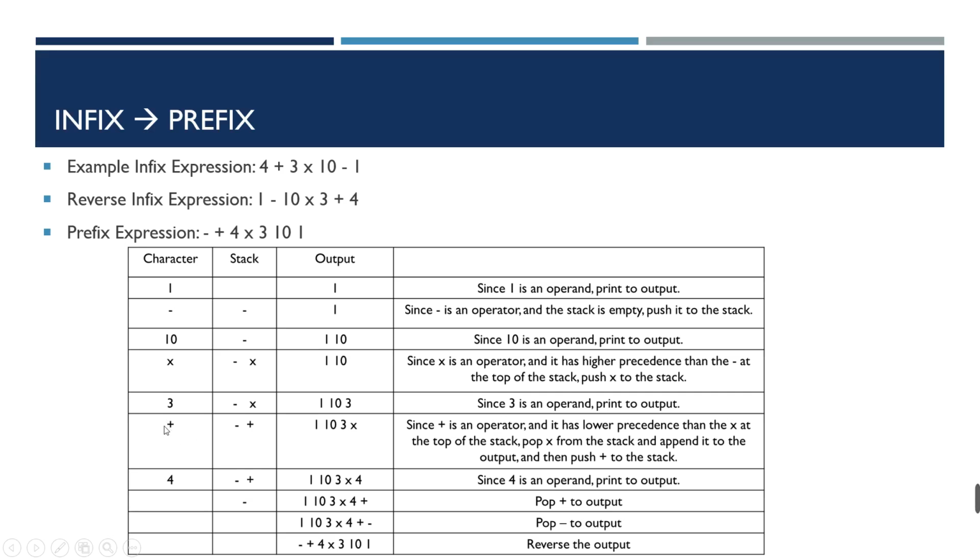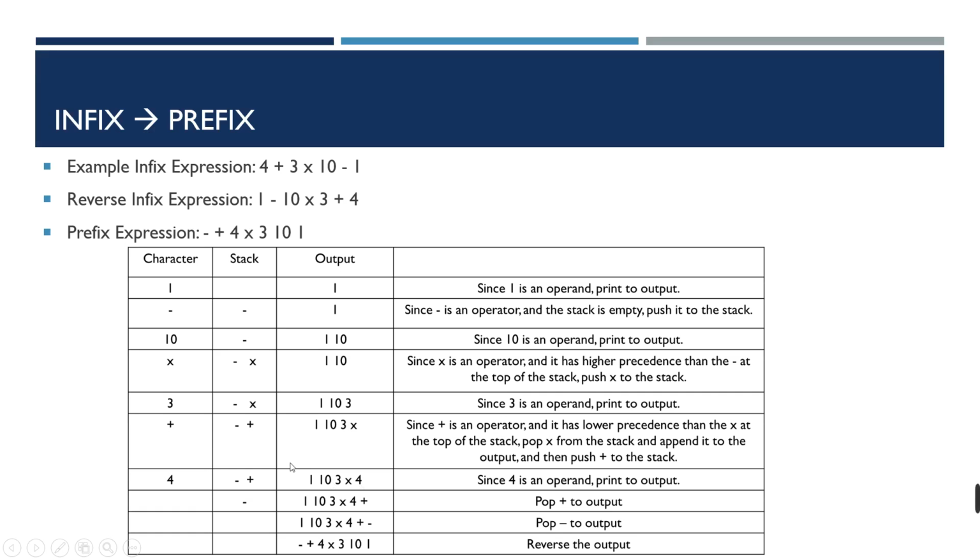And then the plus. Since the plus is an operator and has lower precedence than the multiplication at the top of the stack, pop the times from the stack and append it to the output, and then push the plus to the stack. The next is 4.